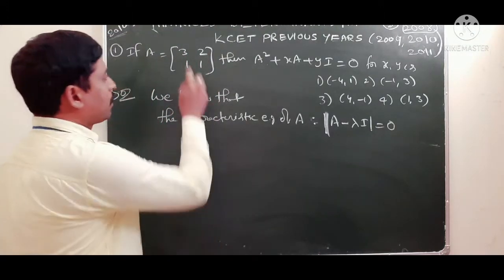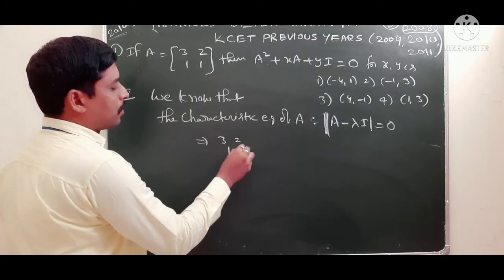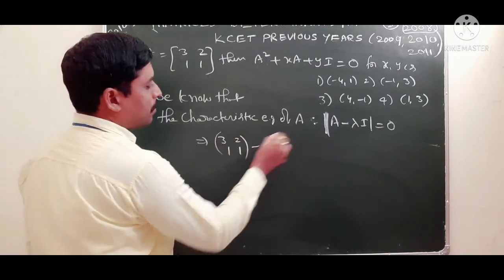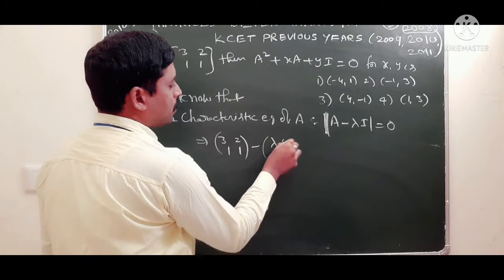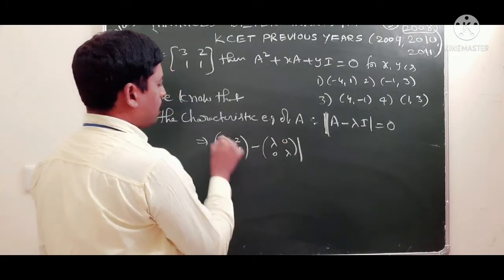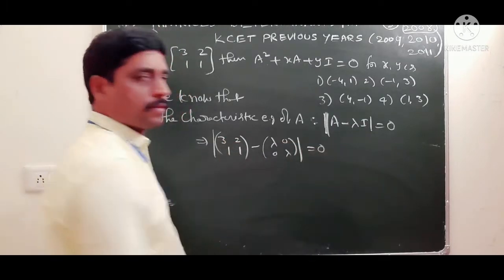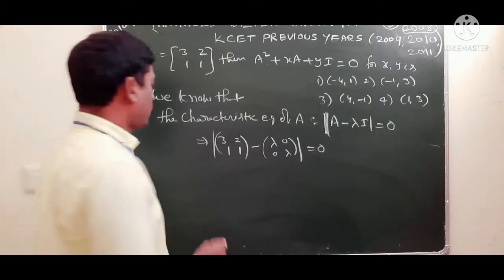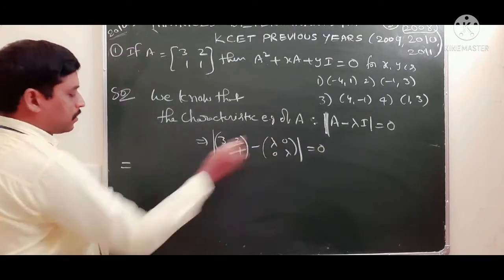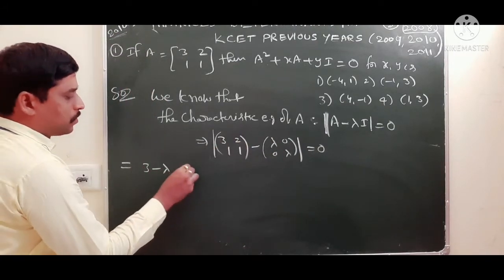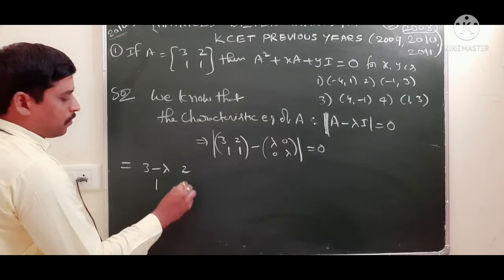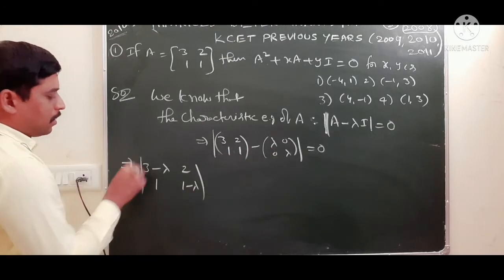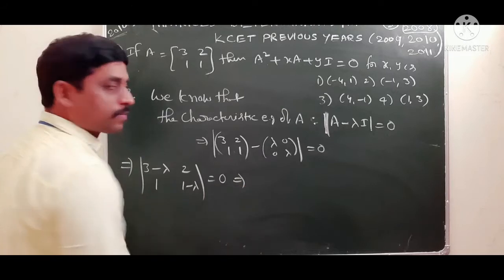From the statement, what is A given? 3, 2, 1, 1 minus lambda times the unit matrix, lambda 0 0 lambda, is equal to 0. So let us simplify this value: 3 minus lambda, 2, 1, and 1 minus lambda. This will be equal to 0.